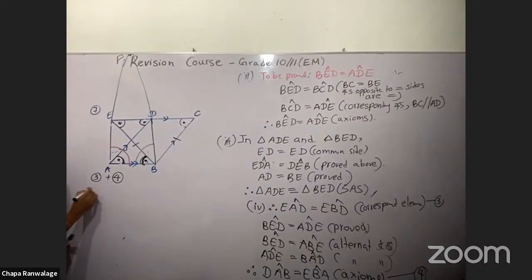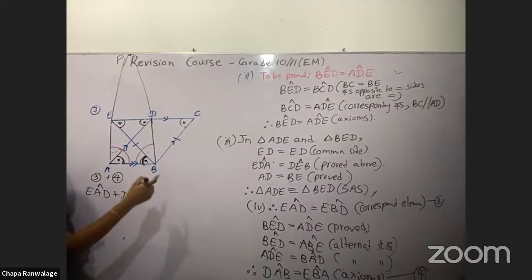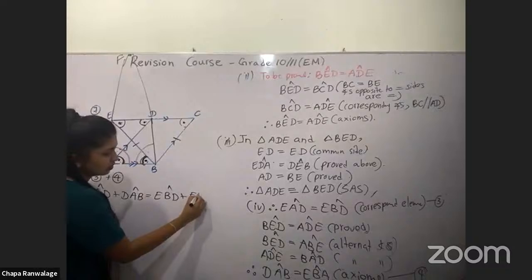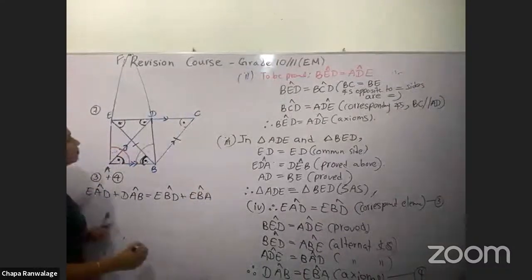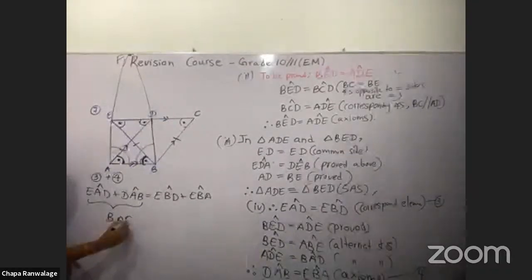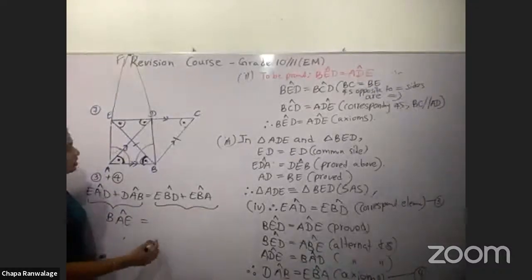Third again, EAD plus, in our fourth one we have DAB. EBD plus EBA. Right? Now, EAD plus DAB equals DAE equals ABD.